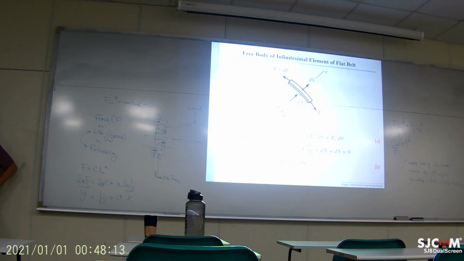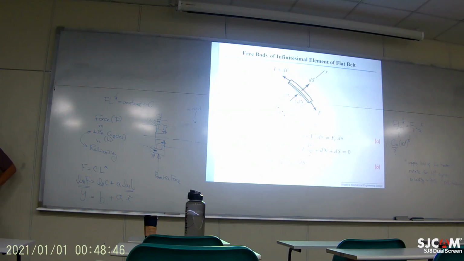Now, how do we know the difference of the tension force on both sides? We're going to use calculus. If you pay attention to a part of the belt, right here, you assume the right hand side has a tension F1, and the other side has the same tension but with some increment of the tension force. Here's the pulley.